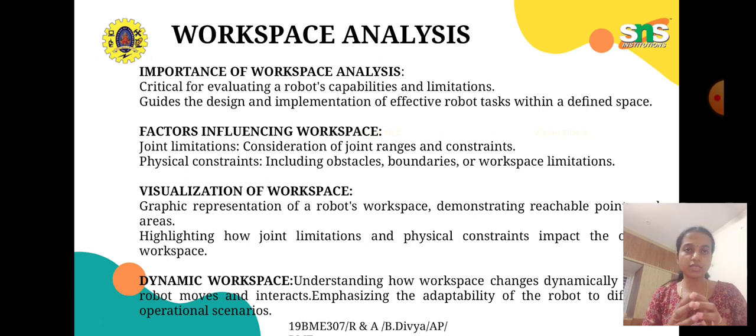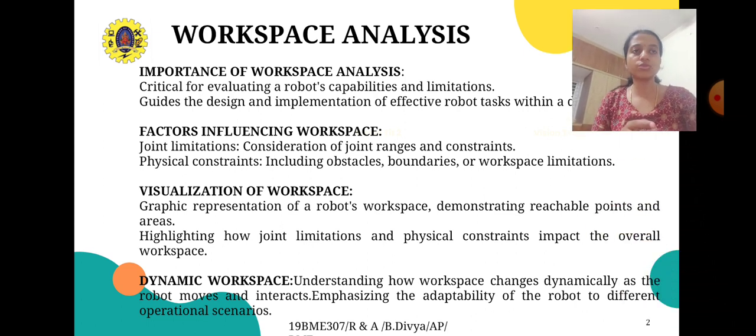Visualization of workspace. What is visualization of workspace? It is a graphical representation of the robot's workspace demonstrating reachable points and areas, highlighting how joint limitations and physical constraints impact the overall workspace.